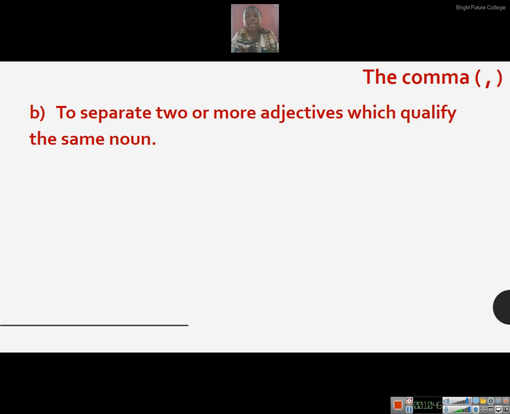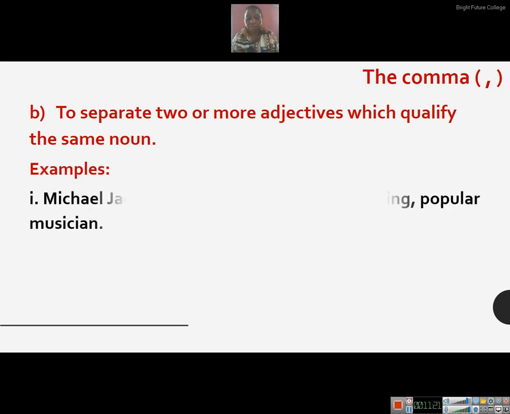Remember, an adjective is a word which qualifies or modifies or describes a noun or pronoun in a sentence. So when we use more than one adjective to describe or qualify a noun or a pronoun in a sentence, we use the comma to separate those adjectives.